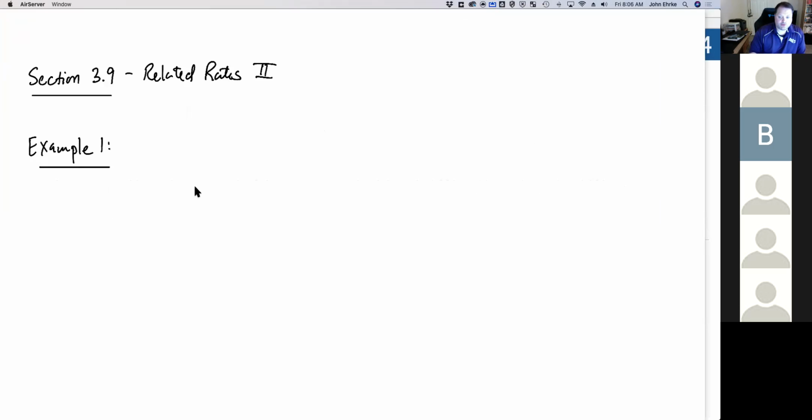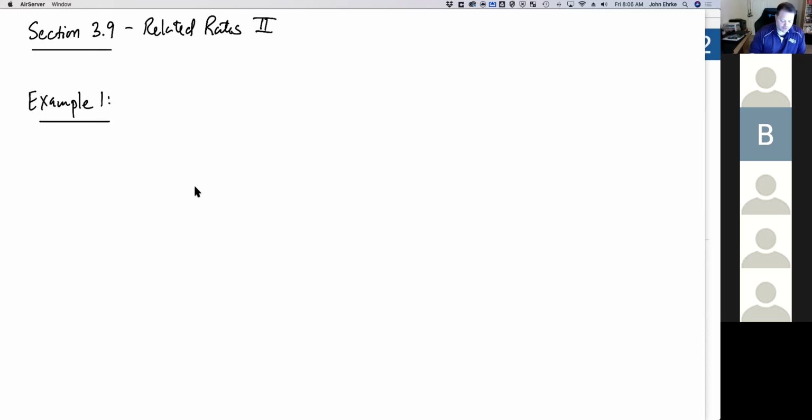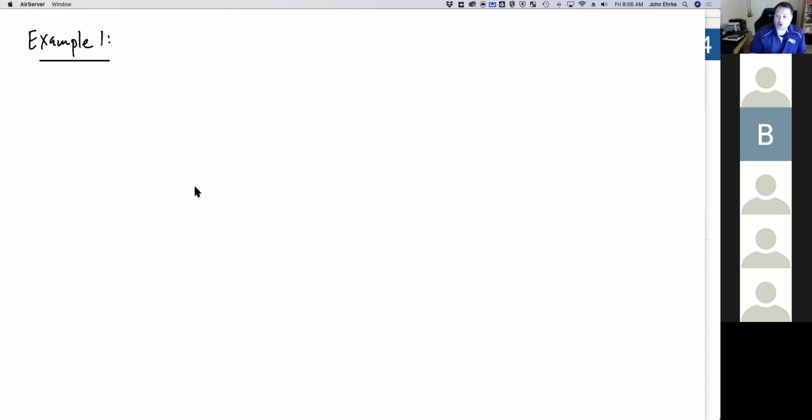All right, so first off, the problem says that we have a sun rising up into the sky that's casting a shadow on a 200-meter building. So if I was drawing a picture for this, I'd go ahead and put in the building.